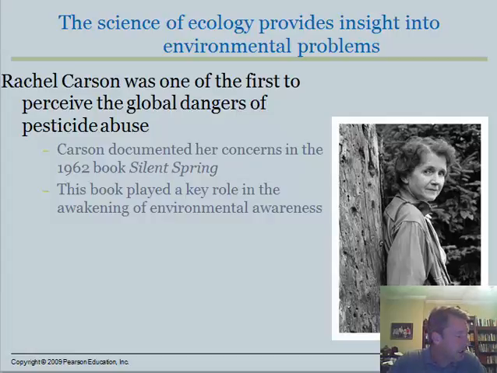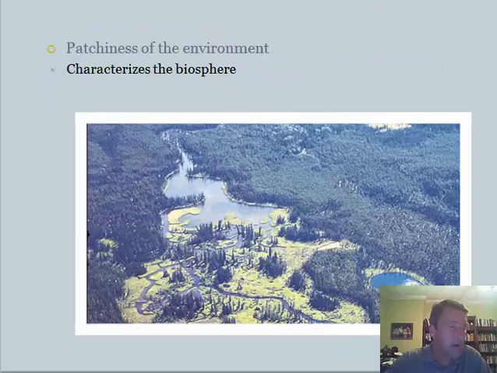We also mentioned that these different environments on the globe are different, based on a number of factors. We have aquatic and terrestrial habitats, and we characterize our Earth as being patchy.